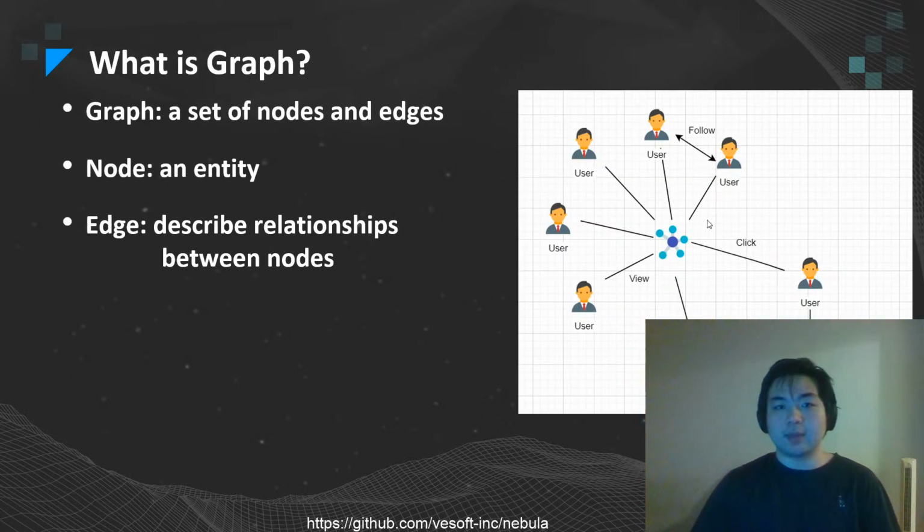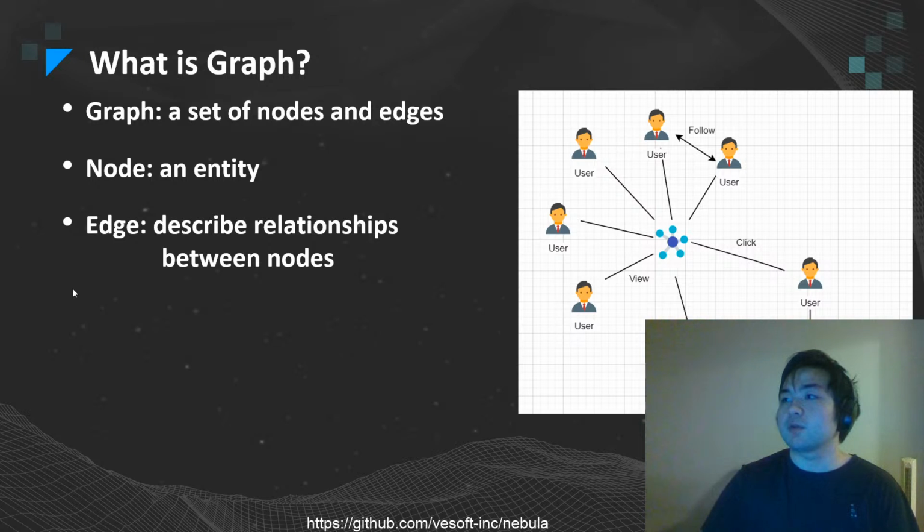Before we introduce the graph database, I want to introduce the graph first. For the graph, we can define anything with two components. One is entities, which you can also represent as nodes. The second one is edges.